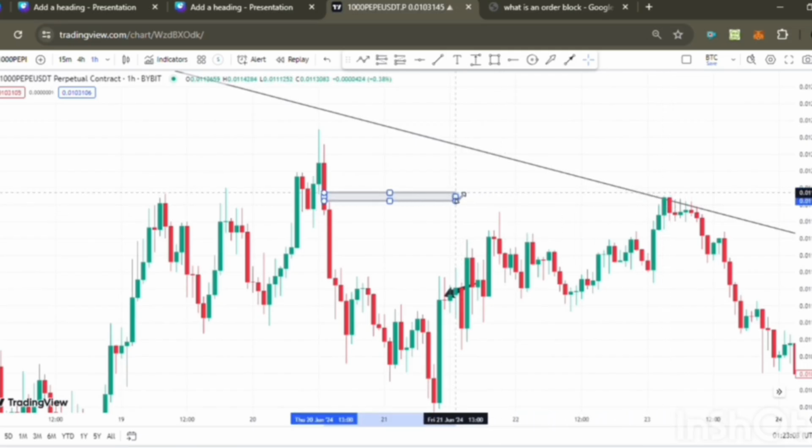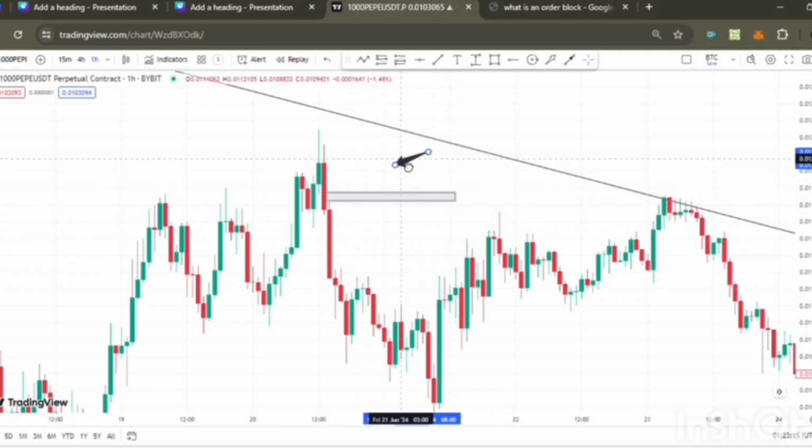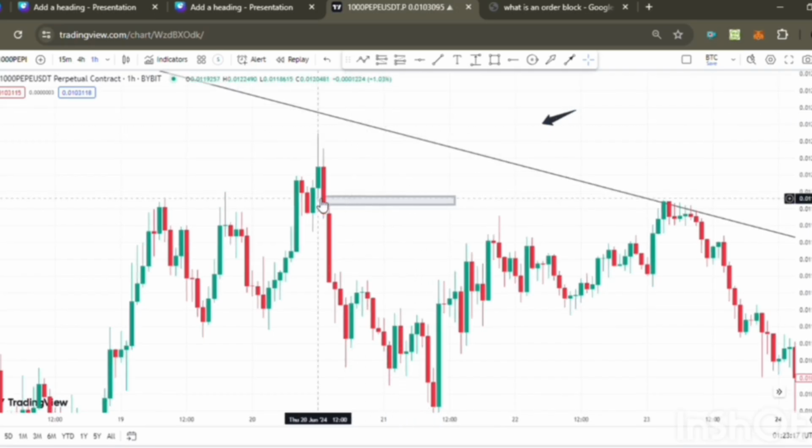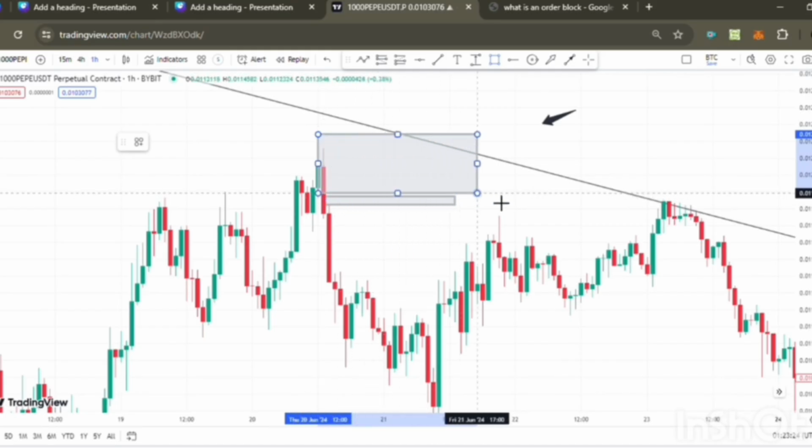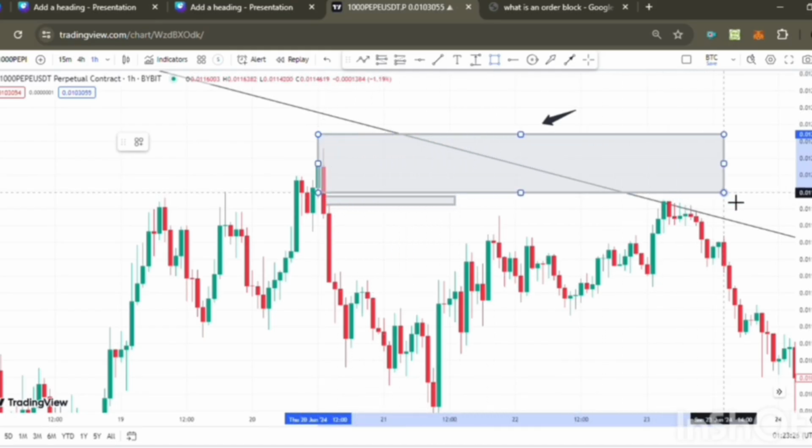Now, I want to use the mid body entry to enter the market. So what do I need to do? Since I've indicated this order block, I will map it out like this.